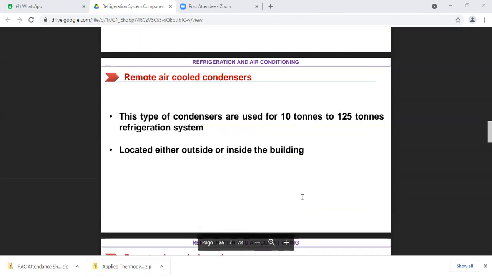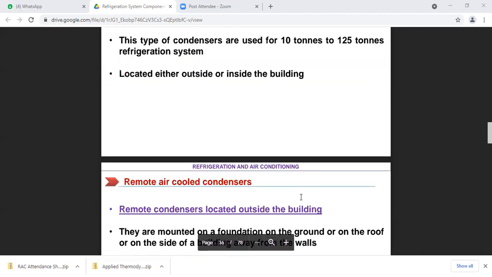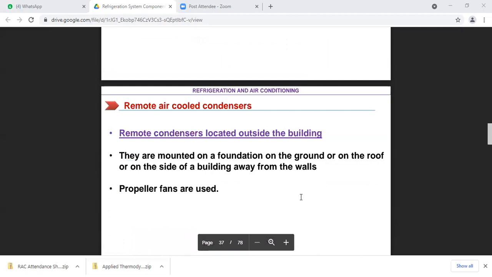But in the remote air cooled condenser, this type of condenser is located either outside or inside of the building, and it has a capacity of 10 to 125 ton refrigeration systems. In the remote air cooled condenser, they are mounted on a foundation on the ground, or on the roof, or on the side walls of the buildings, and we generally use propeller fans.